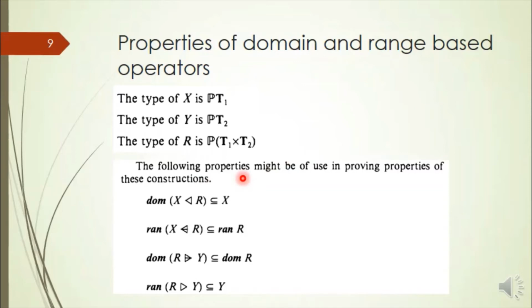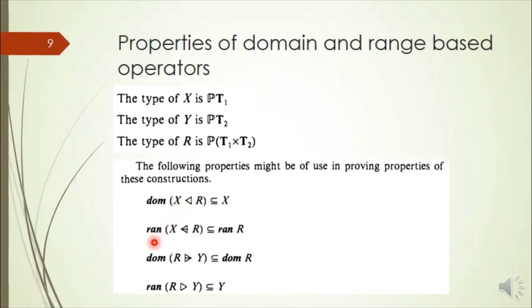Now the domain of the domain restriction operator under relation R would be a subset of X, which is taken as the first argument.